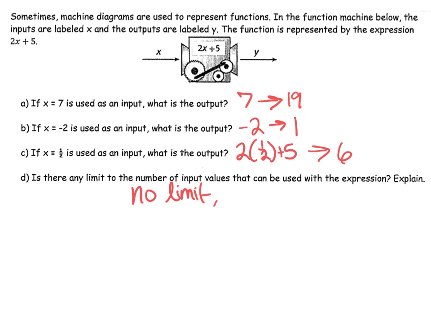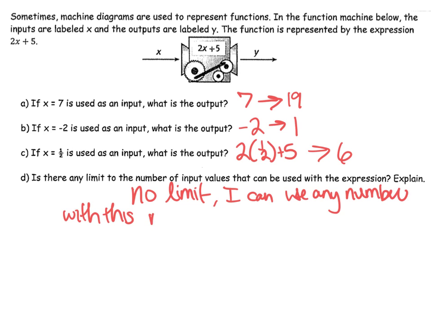Explain. I can use any number with this machine. I'm calling it a machine because that's what it is. So I could put in any number my little heart desires, any number I want.